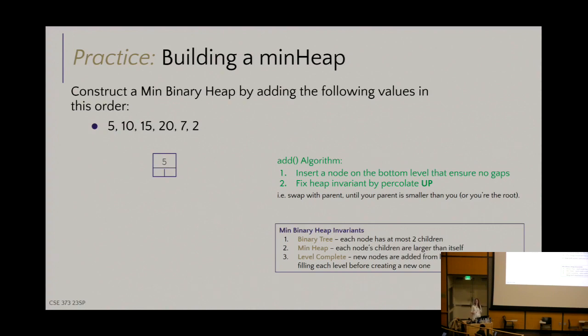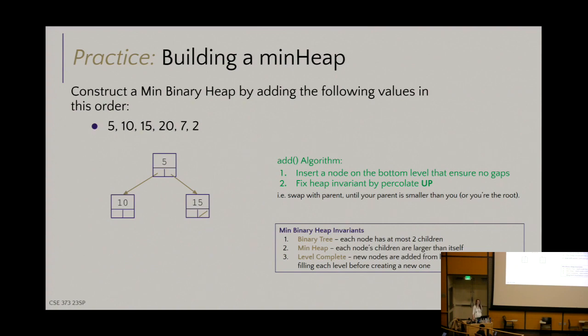Anyone? Left, to the left of 5. That's just where it's supposed to go. Do we need to do any percolations? No, I agree. Great. Now, where do we put the 15? To the right. I agree. Do we need to do any percolations? No, I agree. Okay, now we put in the 20.